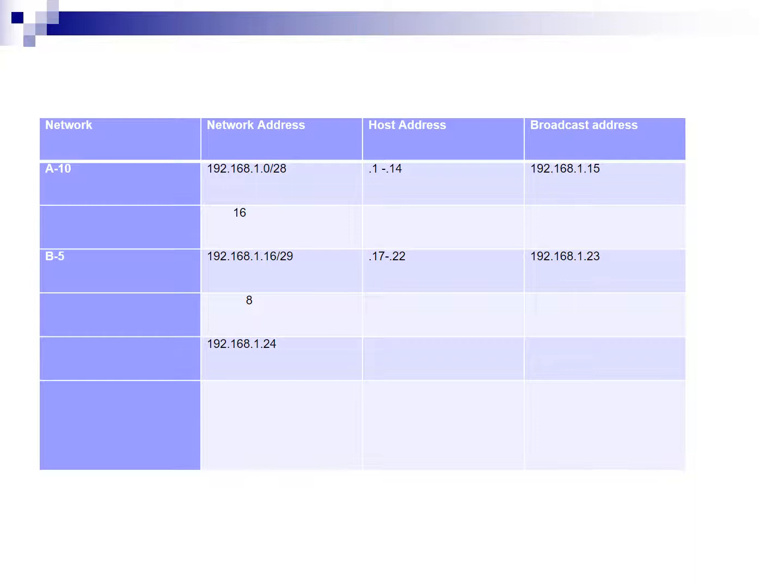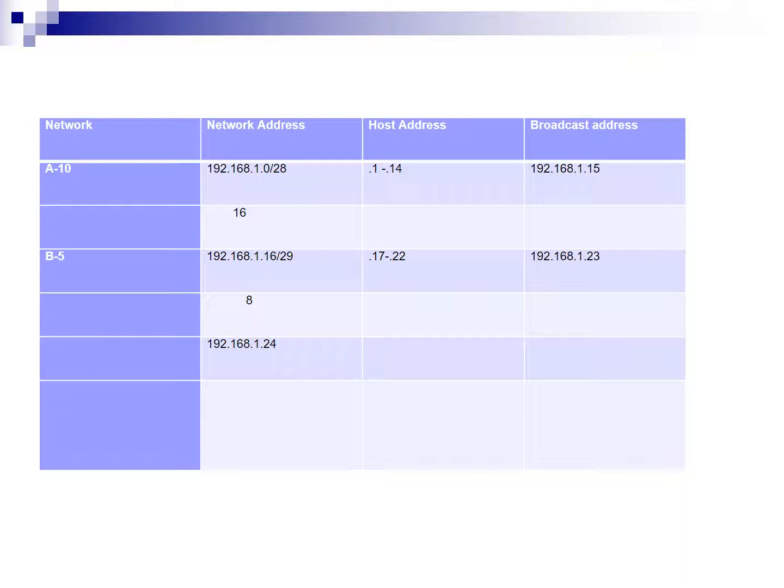Since the spacing from the calculations we made was 16, the next network address for us will be 192.168.1.16. For the second one, since our spacing is 8, we will add 8 plus 16. When you add 8 plus 16, you will have 24.